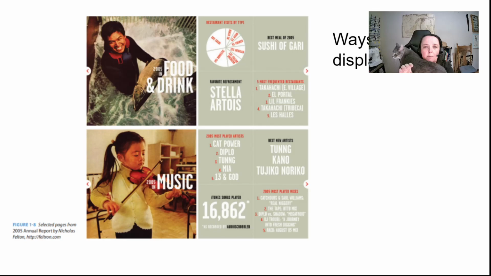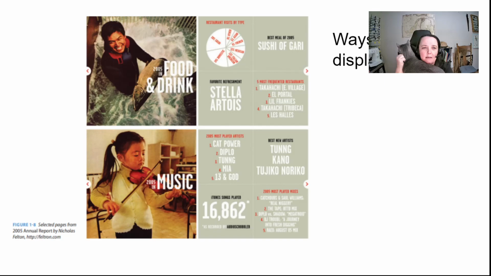So if you take a second here, this is from a book called 2005 Annual Report by Nicholas Felton, and he's recording some of the things that happened in his life in 2005, and you can see there's different ways that he's illustrating or displaying that information.